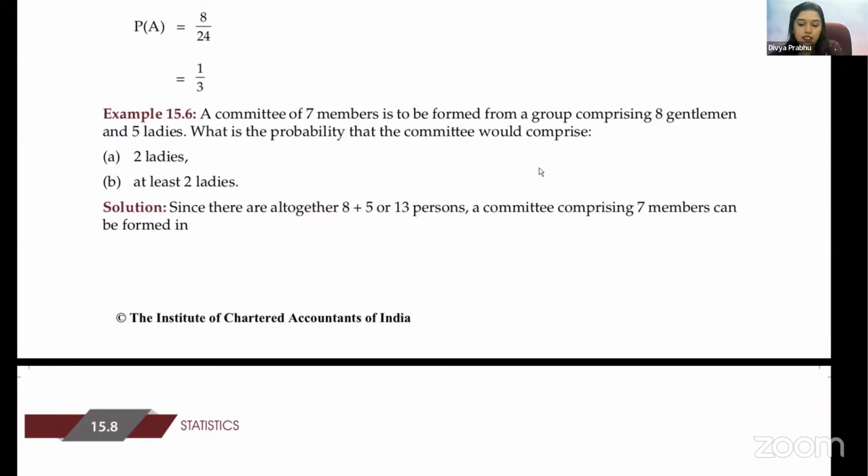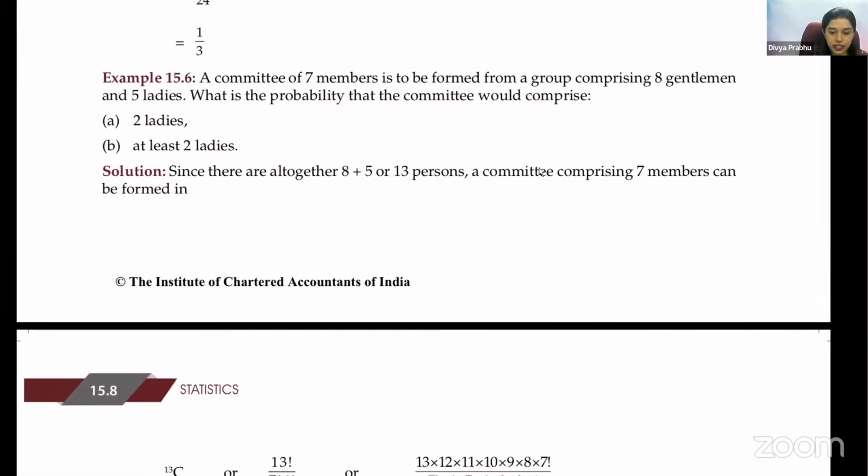Now I want all ears here. Very, very interesting and very important question. You can see here, example 15.6. A committee of 7 members is to be formed from a group comprising 8 gentlemen and 5 ladies, which means in one group there are 8 gentlemen and 5 ladies.